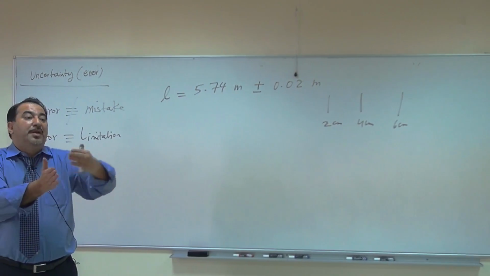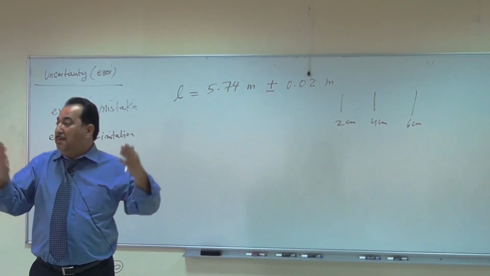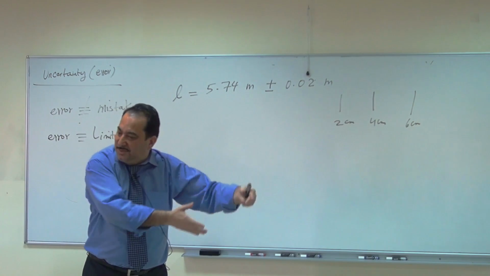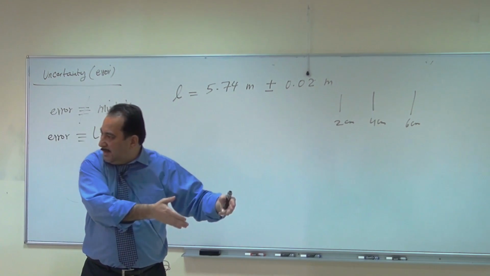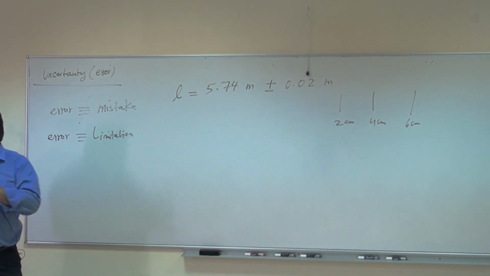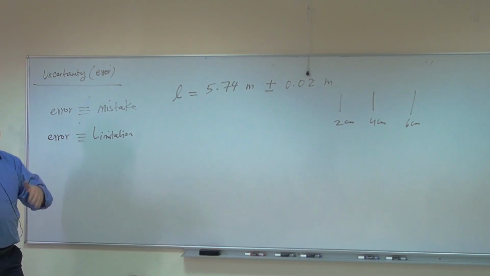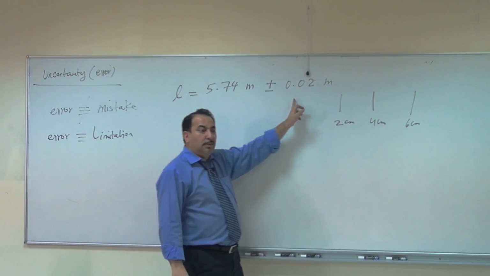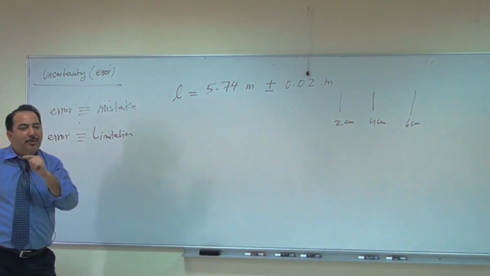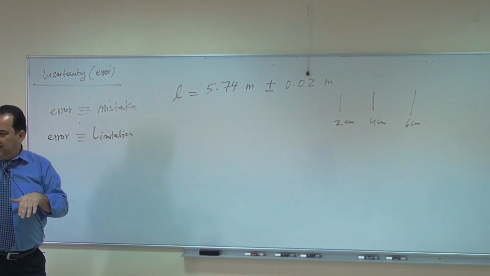But still, how many digits will it give you? 10? Still, on the 11th you have a limitation. So whatever you do, you still have some limitation, but you try to minimize the errors. Our job is that when we measure things, we try to minimize the errors.